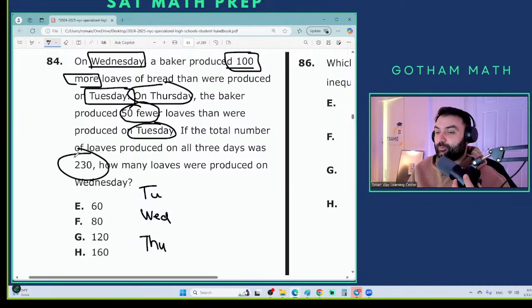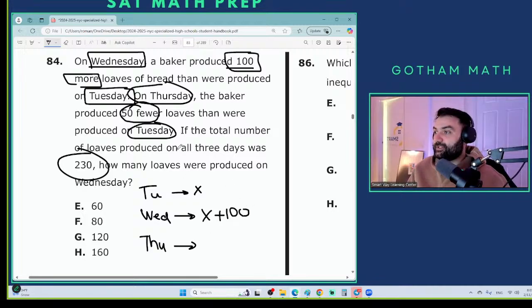That means that we're going to set up Tuesday as X. Now, it's a classic problem. Wednesday, since it says 100 more than Tuesday, we're going to set up as X plus 100, because it's 100 more.